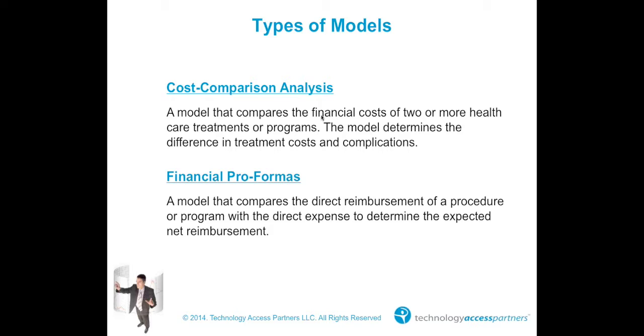We're tying it back to a direct dollar amount. And then we come up with the delta, or the difference between the two. The intent of a cost comparison analysis is to go back to a hospital, for example, and say, if you use our technology for this procedure, you'll end up saving yourself X number of dollars by avoiding certain costs. So hence the cost avoidance model.